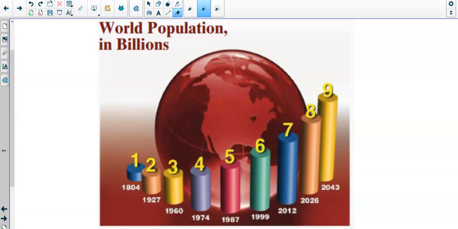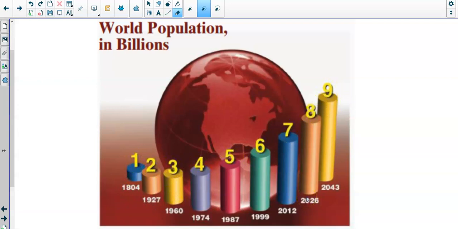It makes sense, because as the years go by, the world population is growing. Absolutely. But as these bars are getting bigger, they look like they're getting bigger by just about the same amount. Actually, in the last few years, it grows a little bit faster, but it almost looks like a steady step, right?